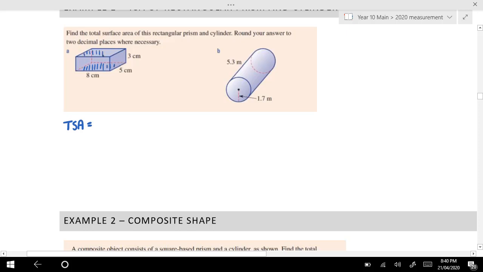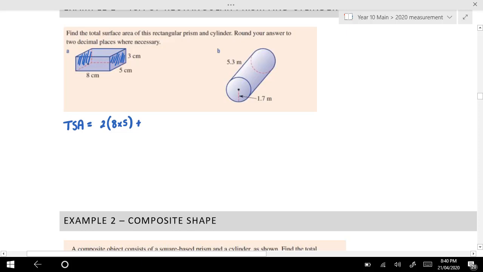Those sides would have 2 rectangles, length and width of 8 and 5. All right, so I've covered those. Then we've got 2 more. We've got 6 sides to this rectangular prism, so we've got 3 pairs of 2 sides. So there you go. There's another one.